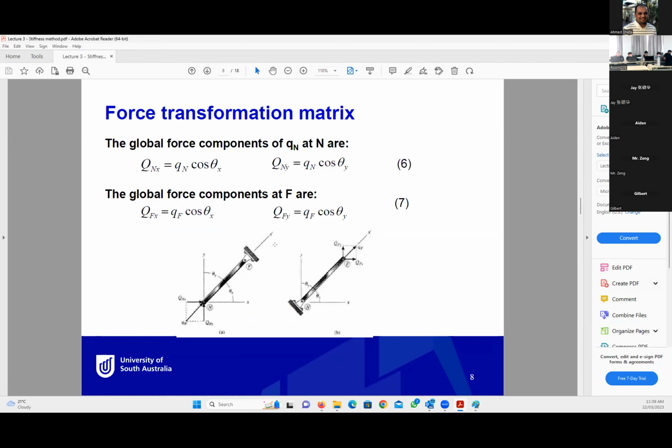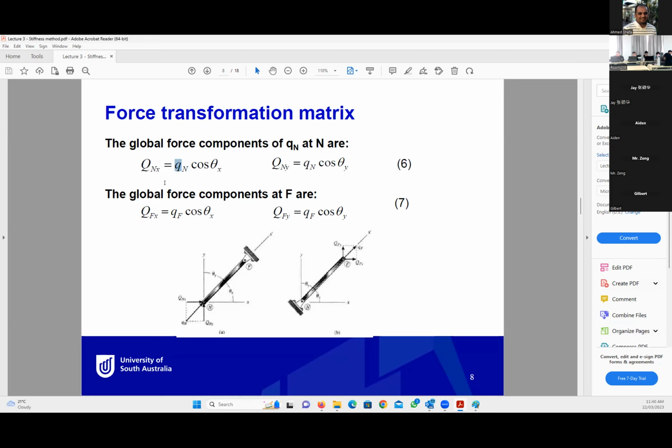Now, after we get the displacements in global and local coordinates, it is time for global and local forces. How can we transform the forces from local to global? Again, Q capital is the force in the global system, and Q small is the force in the local system. In a similar procedure to the displacement, to convert from local to global we will have the same cosine x and cosine y.